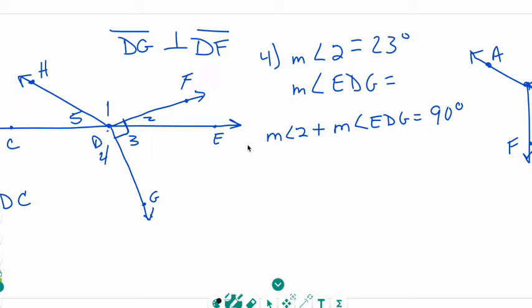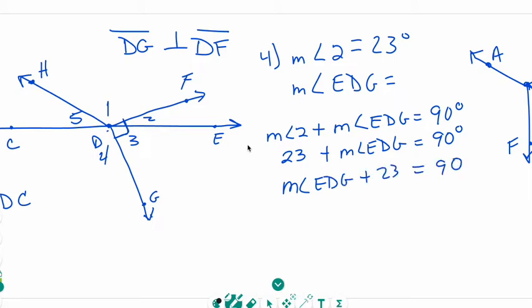So we have 23 plus the measure of angle EDG equals 90. Zero pair out the 23. So the measure of angle EDG is going to be 67 degrees.